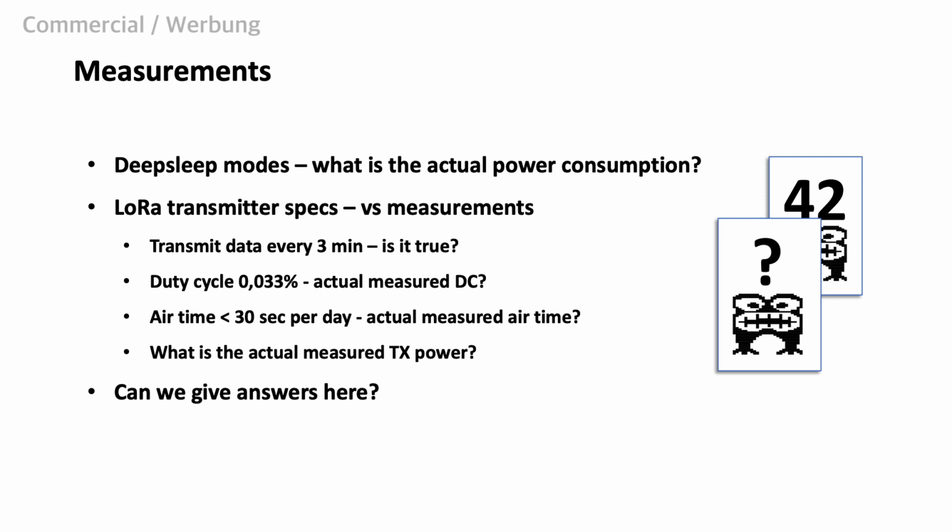We can calculate the theoretical duty cycle with 60 milliseconds divided by 180 seconds. The result is 0.033% duty cycle. We want to measure whether our entity works correctly according to our specifications.